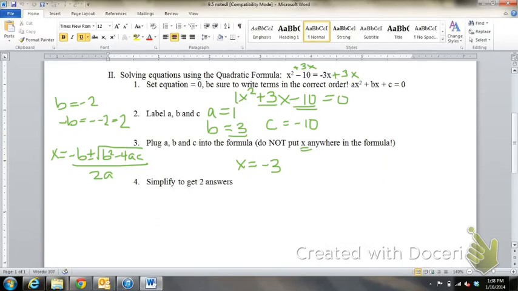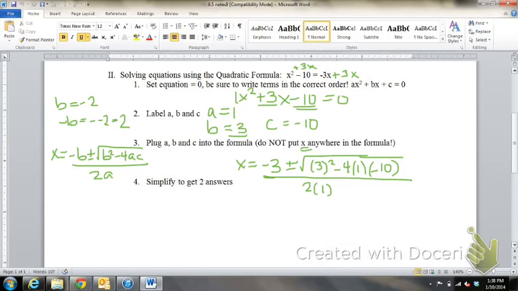So negative b plus or minus big square root b squared, 3 squared. Now I use parentheses for that number because in case it's a negative number, you have to remember that it's going to turn into a positive when you square it. Minus 4 times a was 1 times c is negative 10. All over, not just the square root over, all the way over. 2 times a, which is 1.